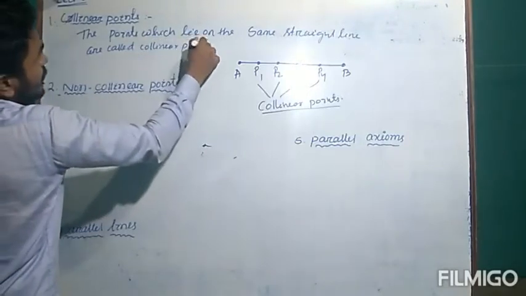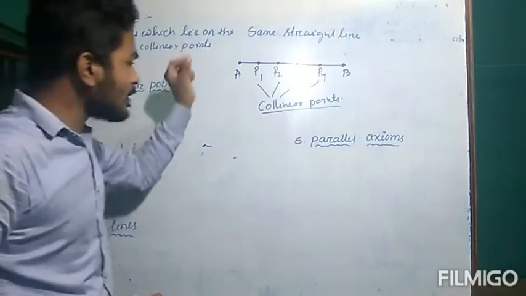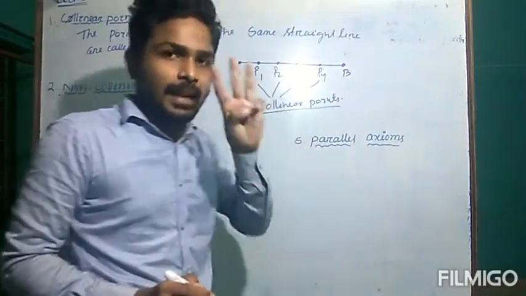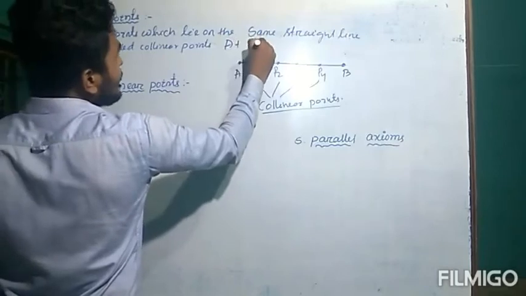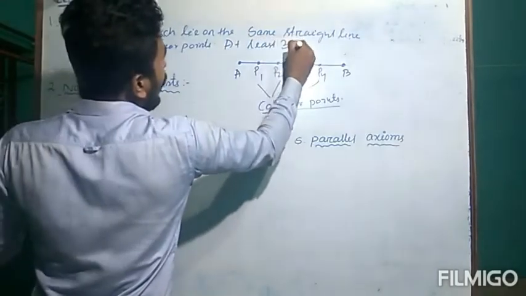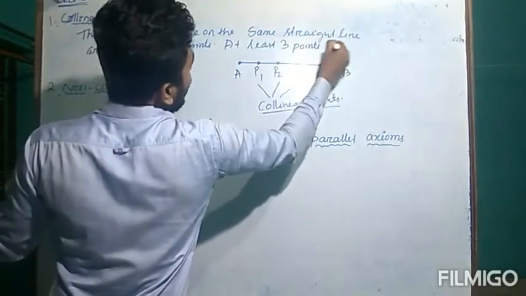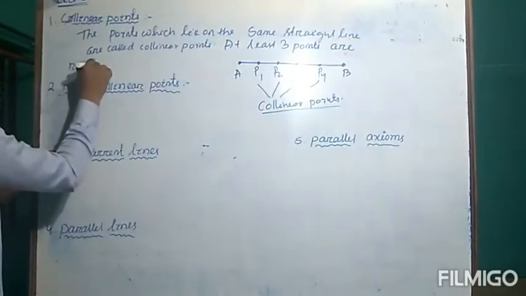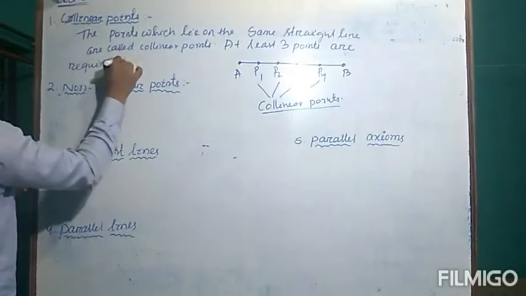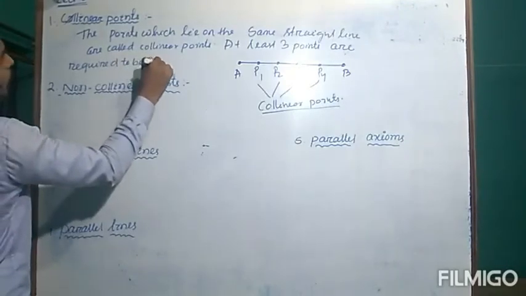So tell me, at least how many points are required to be collinear? At least 3 points are required to be collinear.